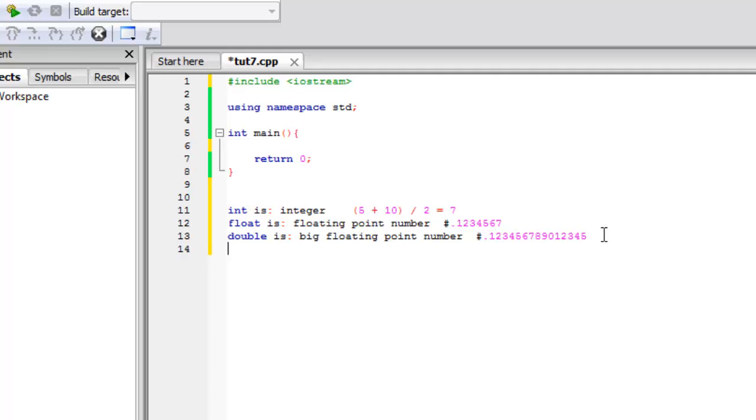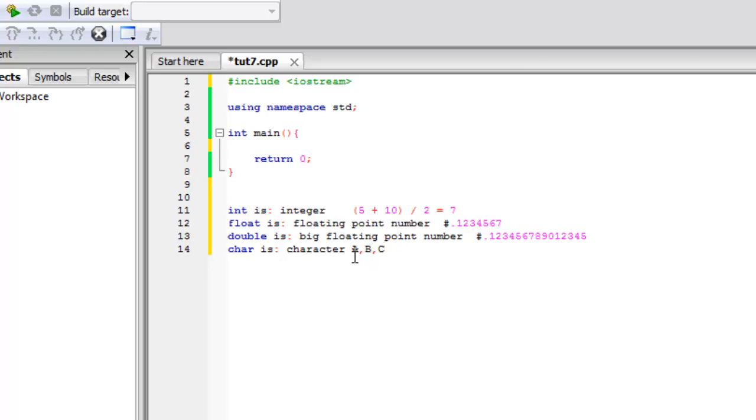So say we want to just have a letter, okay? Well, there's something called char. It's a character. Basically, A would be a character, B a character, C is a character.